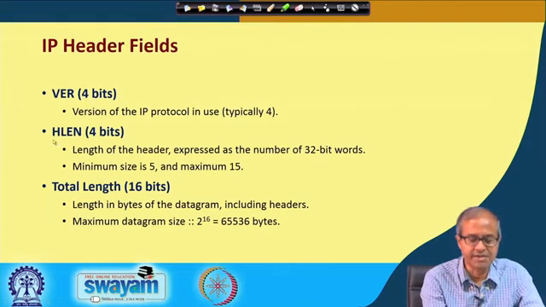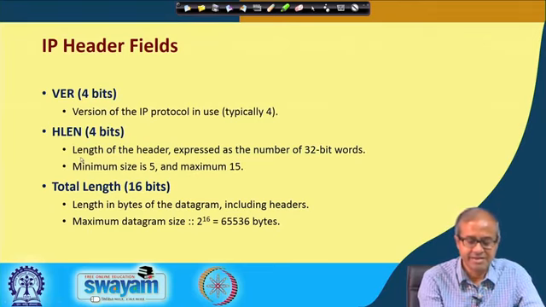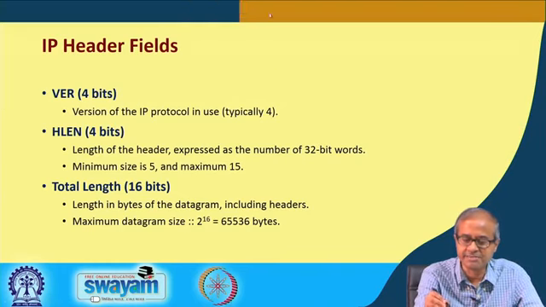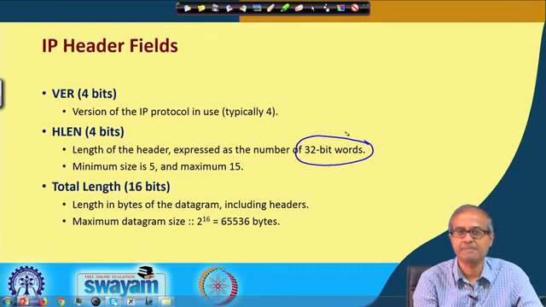The next 4 bits indicate the header length. What is the size of the header? Here the size of the header is expressed in multiples of 32-bit words. As you can see, the first 5 rows were there and there are some options.